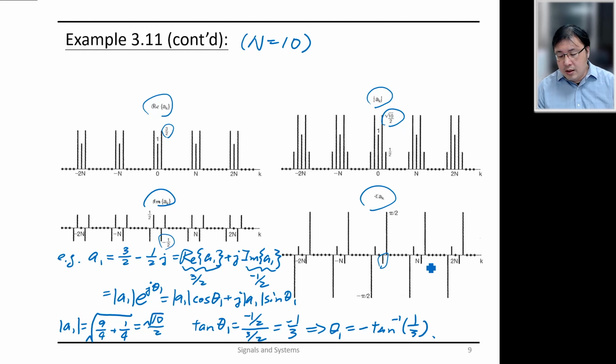Again, it repeats itself every integer multiple of capital N. So this is just utilizing this example to show you how you would illustrate the Fourier series coefficients when they are in general complex numbers.